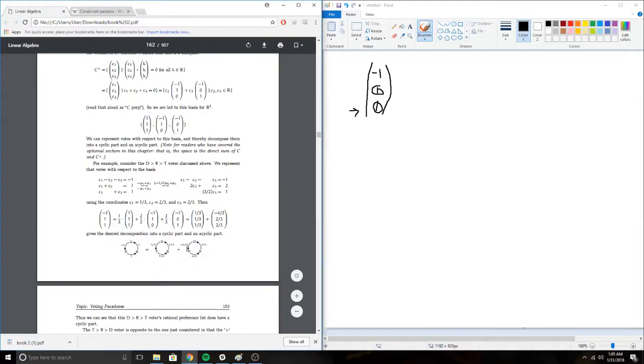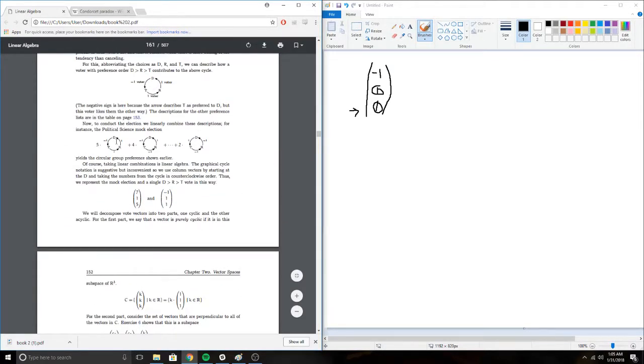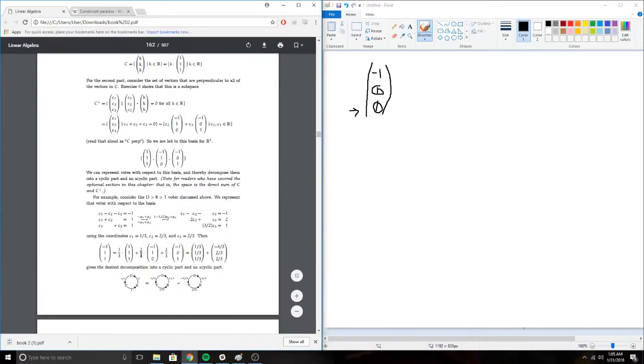If we want to transfer this into the cyclical portion, we already know what this looks like because this was explained back up here. So we have the negative 1, 1, 1 circle, but now we know it equals the 1/3, 1/3, 1/3 Democratic, third party, Republican circle plus the negative 4/3, 2/3, 2/3 Democratic, third party, Republican circle.